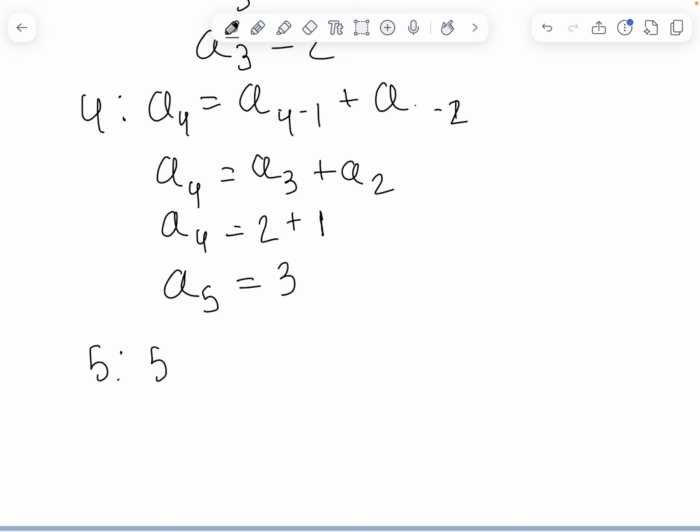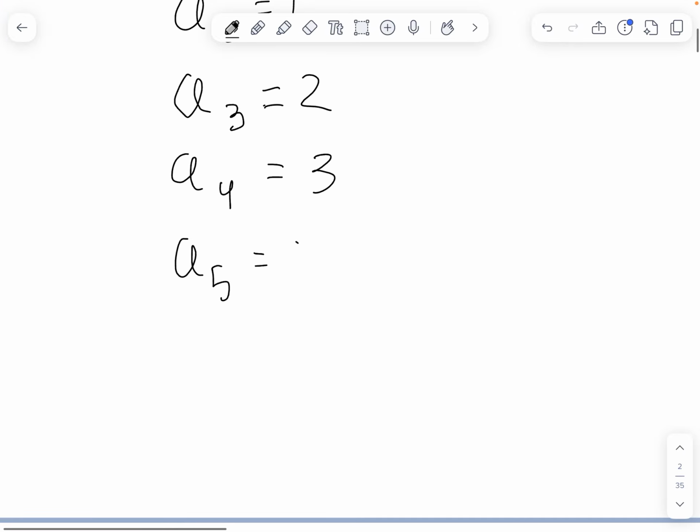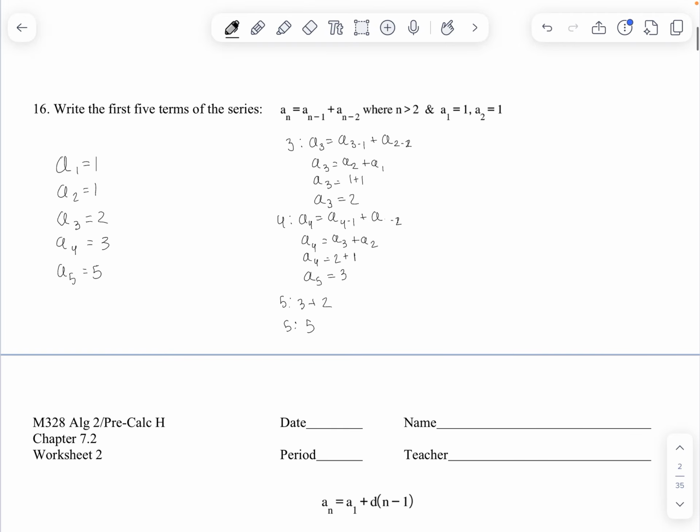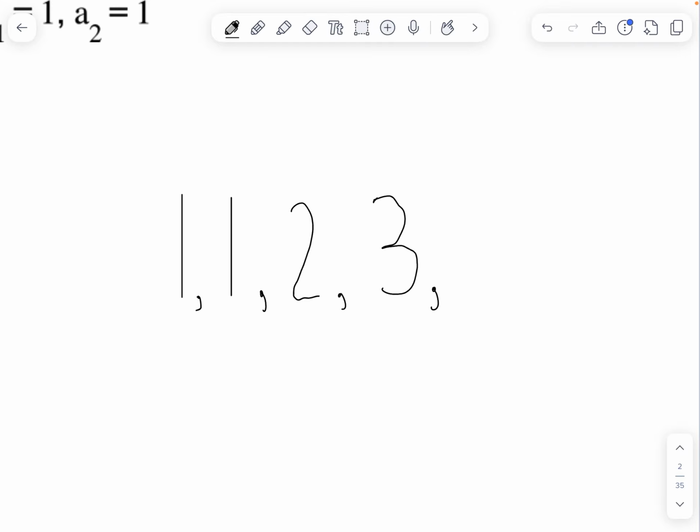Obviously, it's just going to be 3 plus 2. So it's 5. So it's 1, 1, 2, 3, 5.